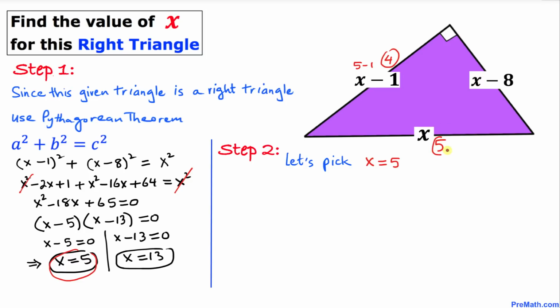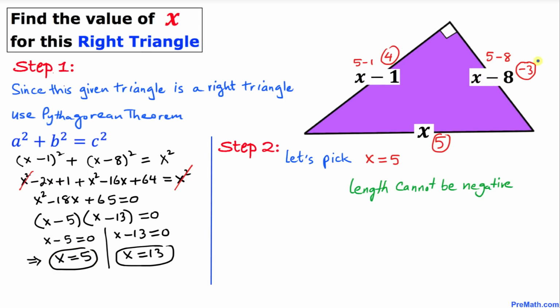So this is 5, this is 4, and this becomes 5 minus 8, equal to negative 3. Now we can see that this side length turns out to be negative 3, and we know that a length cannot be negative, so this x value is rejected.